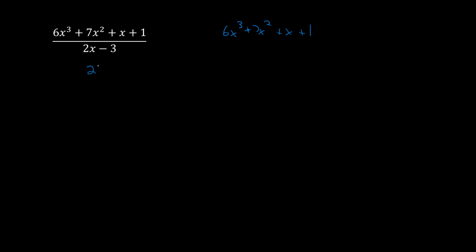When I pull a 2 out of that 2x minus 3, in parentheses I'm left with an x right here, because I'm thinking of reverse distributing. 2 times x would give me a 2x, but then 2 times something would give me a negative 3. Another way of thinking of this: the 2x I divided by 2, the negative 3 I need to divide by 2 as well to get negative 3 over 2. So what I have is all of this divided by x minus 3 over 2.